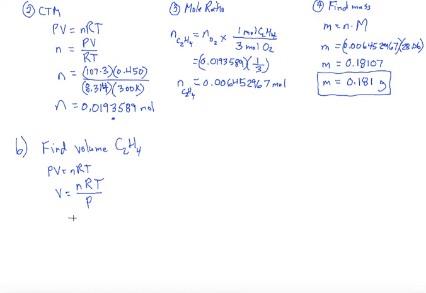And our n value, it was right up here, 0.006452967, and the R value is 8.314, and the temperature at STP is 273, right?